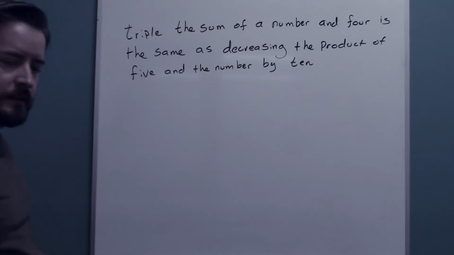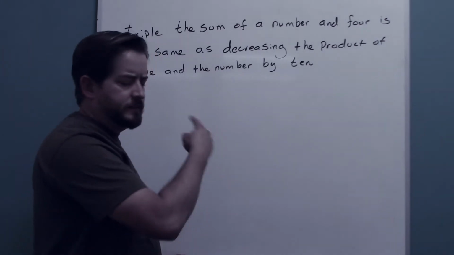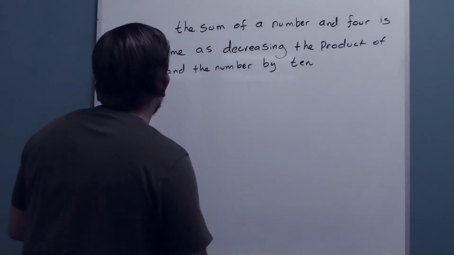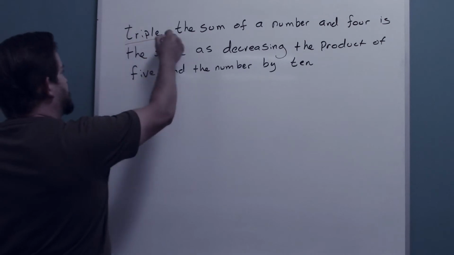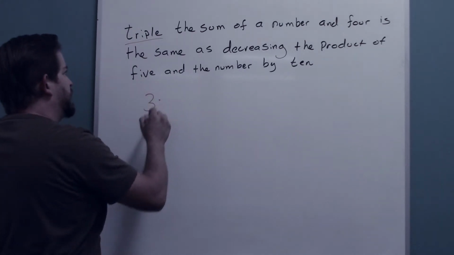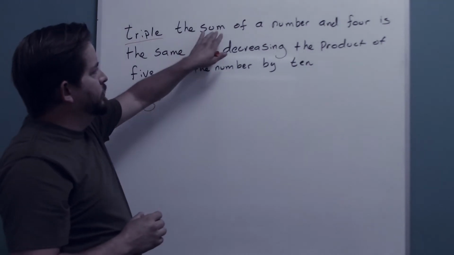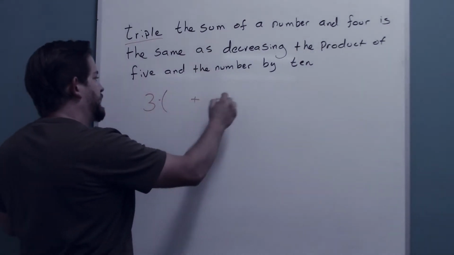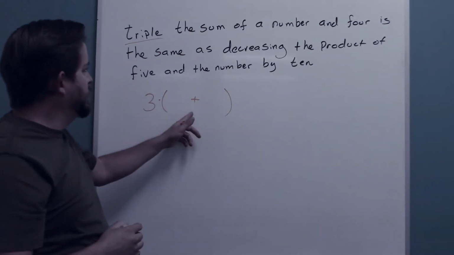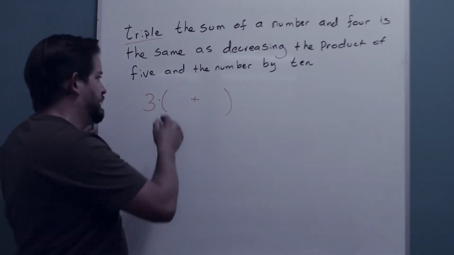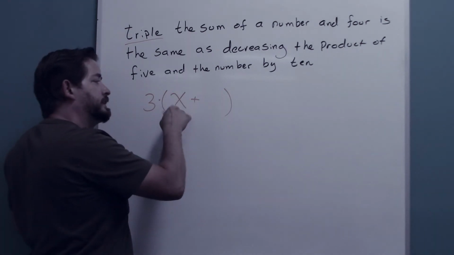I'm going to translate this into, again, this is the same question, what is that number, right? So if we translate this, triple means to multiply something by 3. So I'm going to have 3 multiplied by, but what's being multiplied by 3 is a sum, right? Something added together. Triple the sum of a number and 4. That number, I don't know, that's what we're looking for.